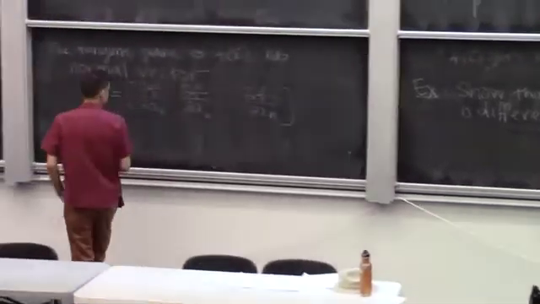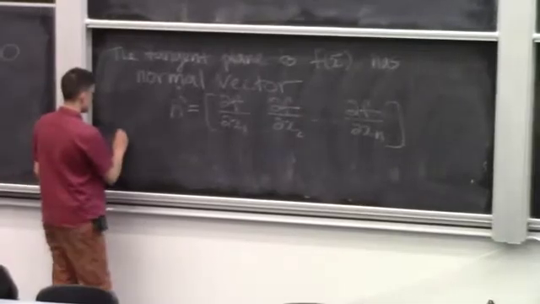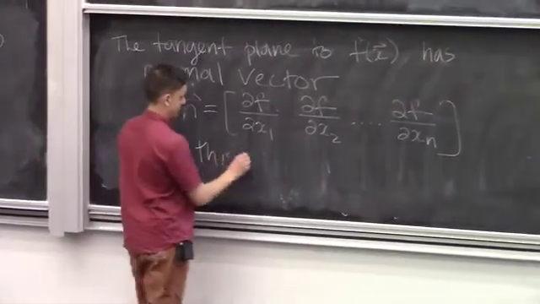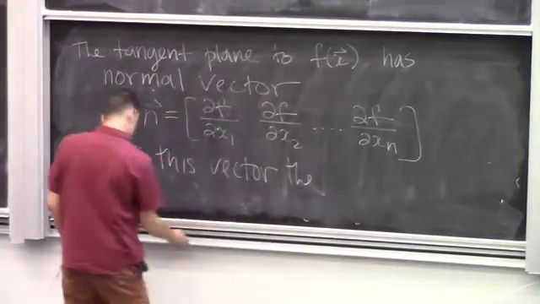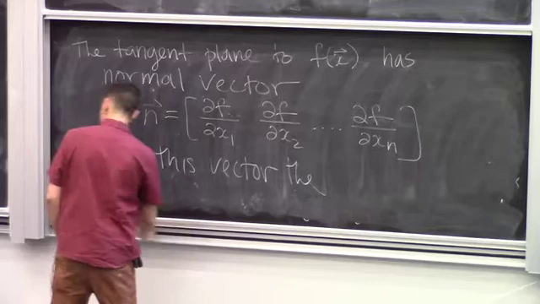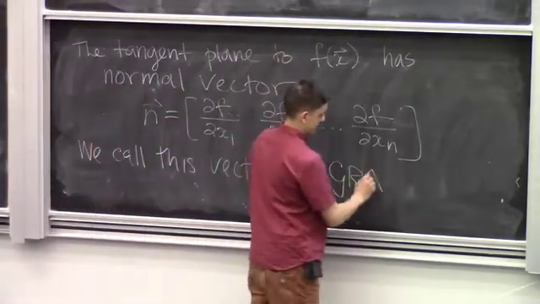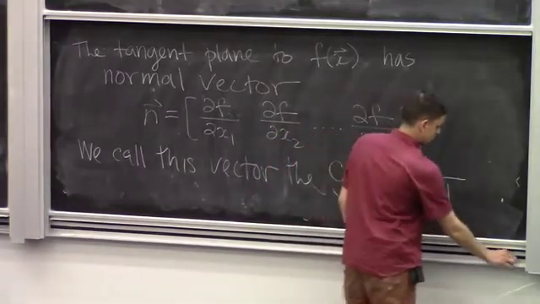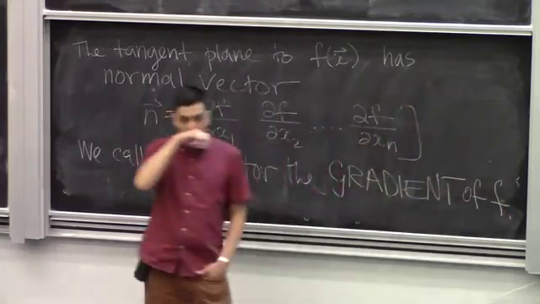Okay. This vector is so important that we give it a special name. Okay? We call this vector the gradient of f.